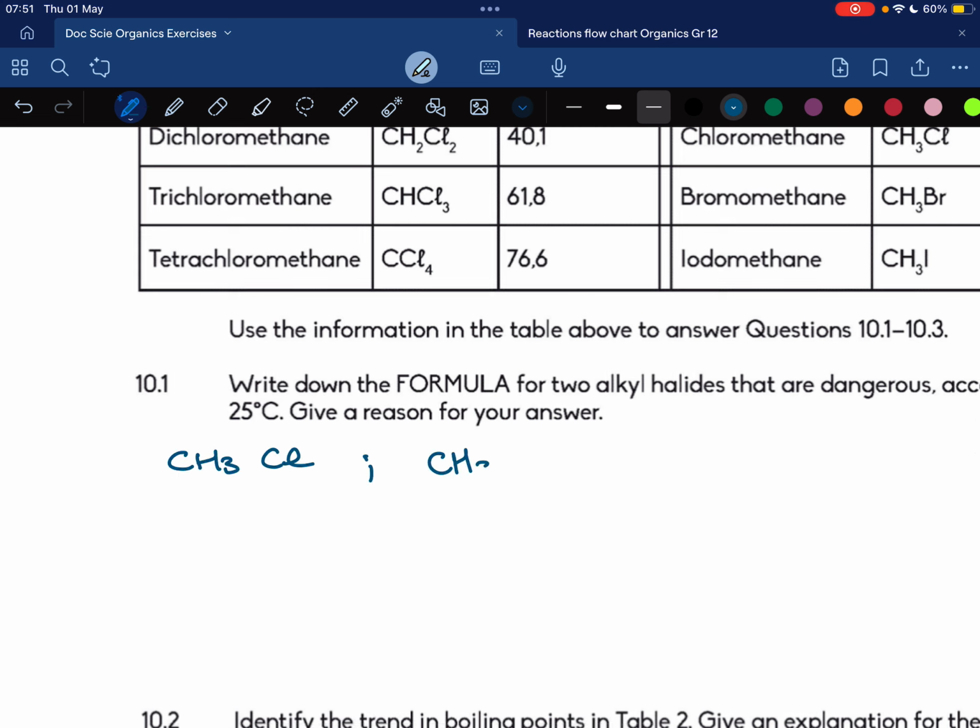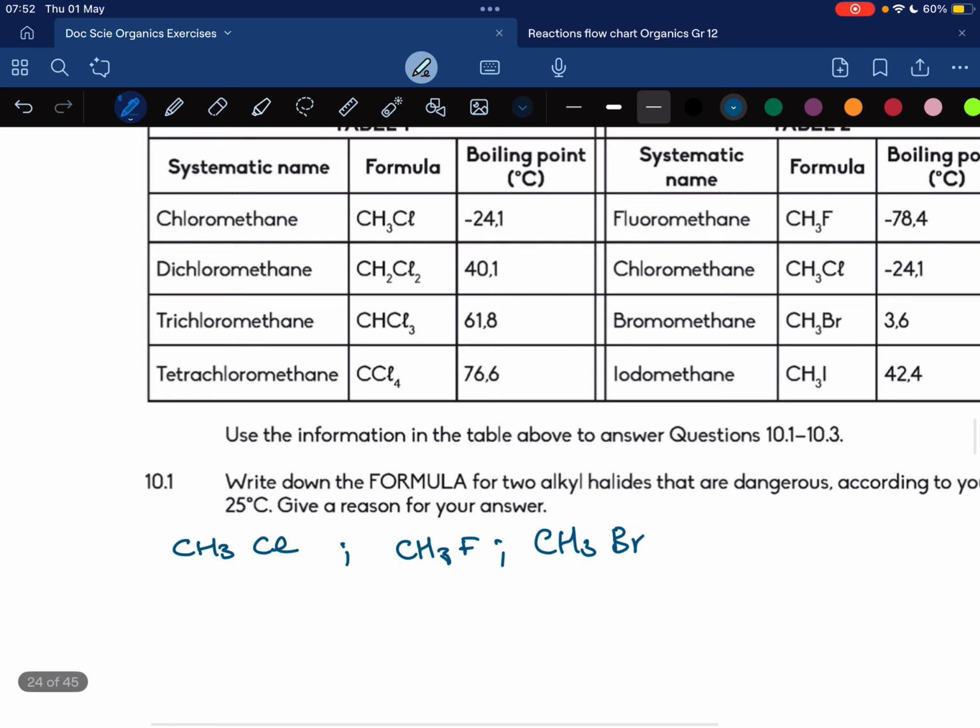It would also be CH3F and CH3Br. Okay, so the reason why is because all three of them are alkyl halides, and because they have such low boiling points, they would exist as gases at room temperature.